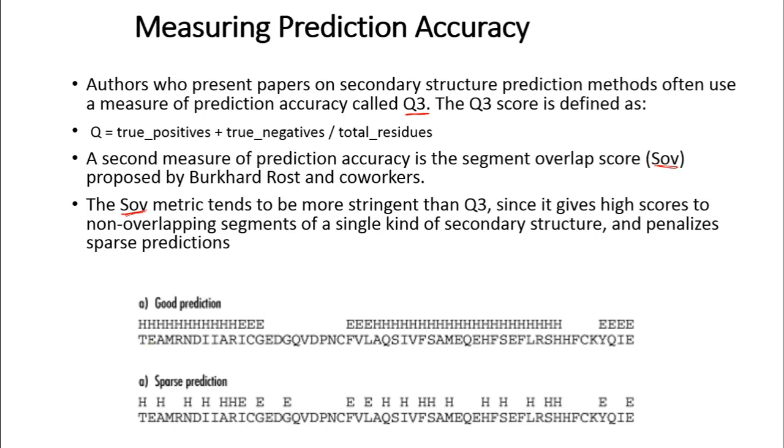Okay, so how do we determine if the secondary structure prediction is a good secondary structure prediction or a bad one? Now we know that the helices are always contiguous. Can it happen that in your sequence this amino acid residue will take a helical conformation while the next amino acid residue will take beta strand?